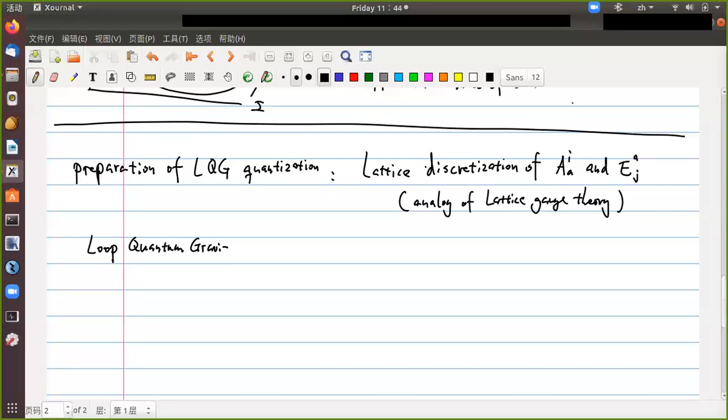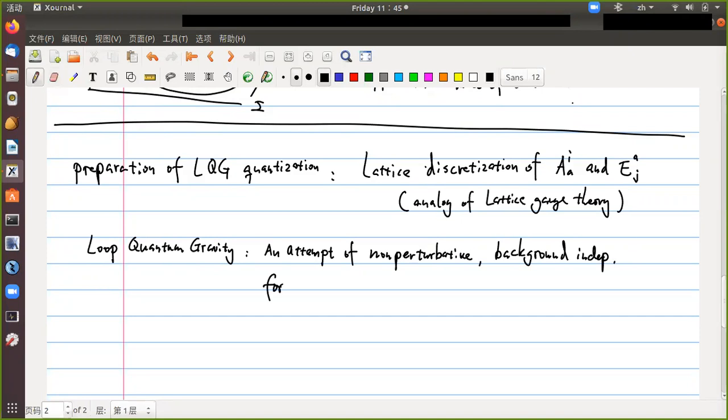Firstly, it is an attempt, because at the moment there's no complete theory of quantum gravity yet, so this is just one approach of a non-perturbative, background independent formulation of quantum gravity.